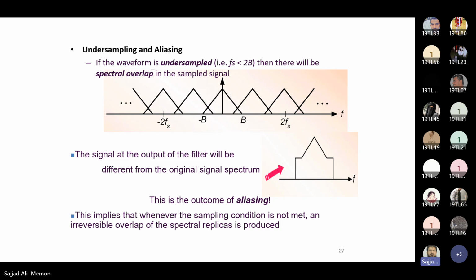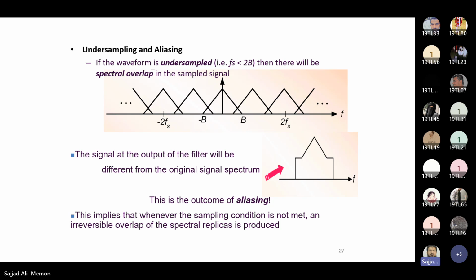Then there will be a spectral overlap. That means one sample will be in another sample's frequency. That effect is called the aliasing effect. So the outcome of undersampling is aliasing. That means we cannot recover the original signal properly. This happens when we choose a sampling rate less than twice the highest frequency component.